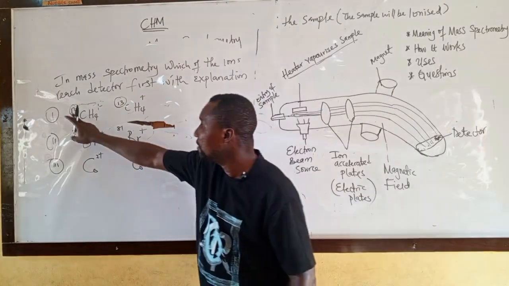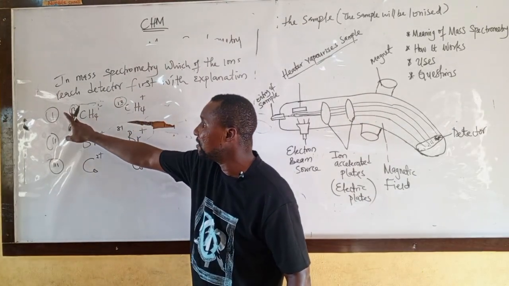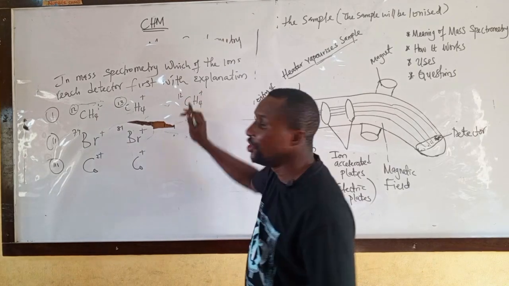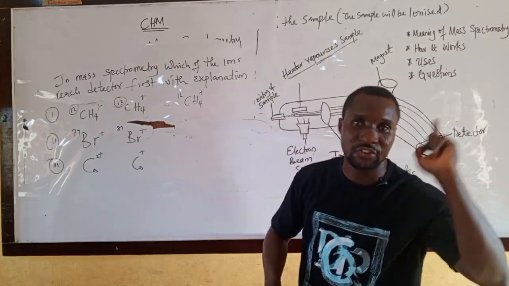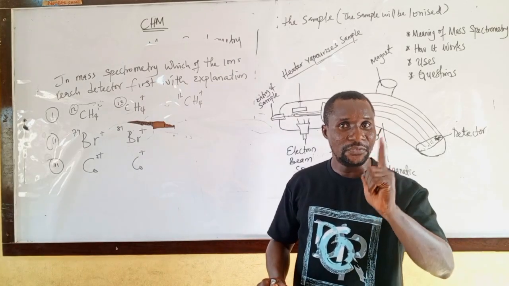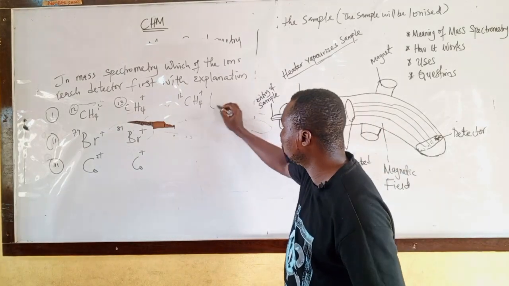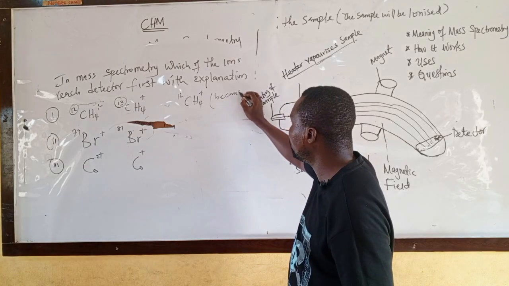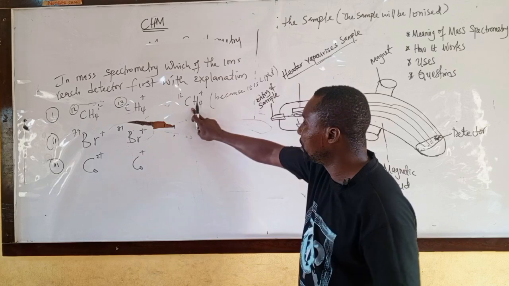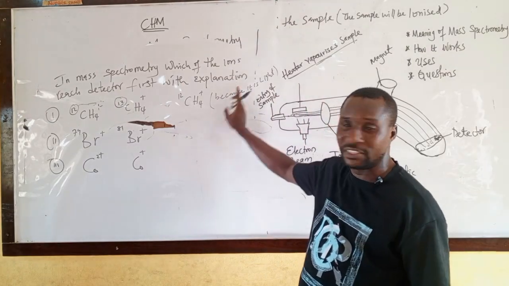Which one is heavy? This one. Which one is light? This one. That means CH4 plus 12 will reach the detector first because it is light. It will be deflected more. That is your answer: it will reach the detector first because it is light.